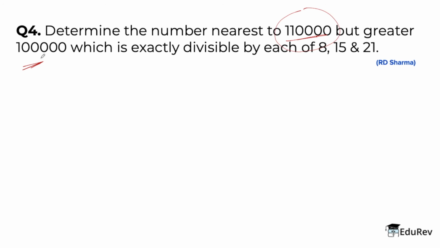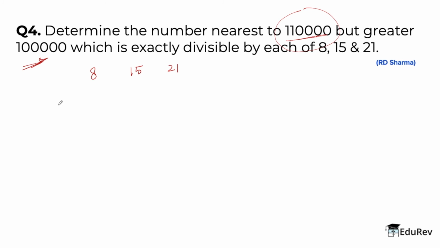This is like the minimum threshold we need to take, so the number has to be greater than this. And that number is divisible by 8, 15 and 21. So I've got three numbers, 8, 15 and 21, and I need to find a number that is divisible by all three.